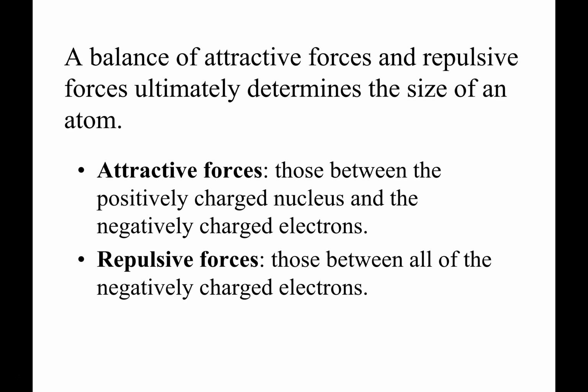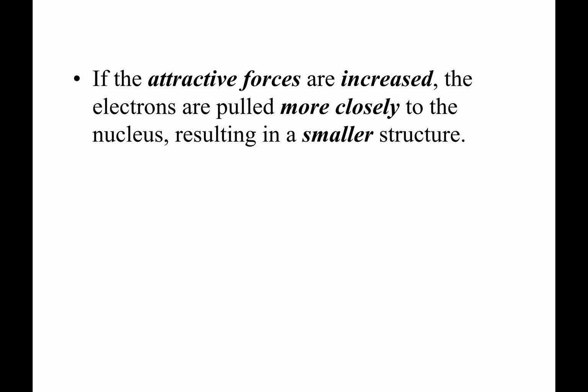The repulsive forces, to give it volume, would be the electrons repelling each other. So this is repulsive, and this is attractive. That's why I've drawn that with 2 arrows and that with just 1 arrow. That's what's going on within an atom.